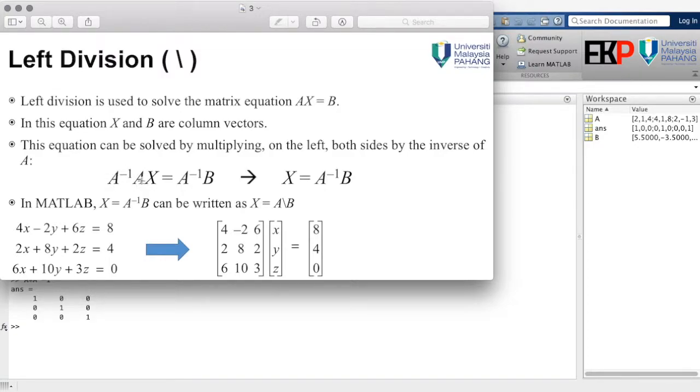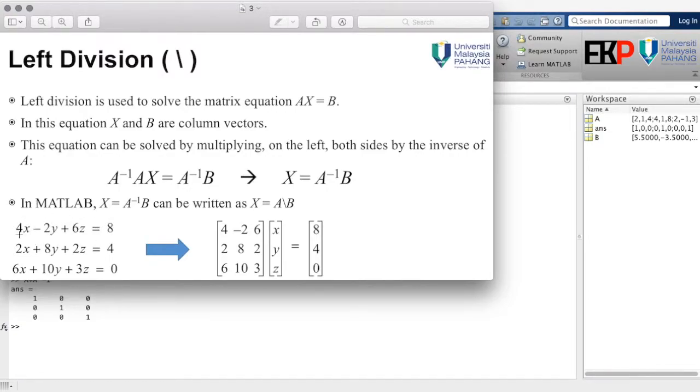So in MATLAB, this equation AX equals inverse of A times B can be written as X equals A left division B. This is useful to solve simultaneous equations. For example, we have here three equations with 3 unknowns.